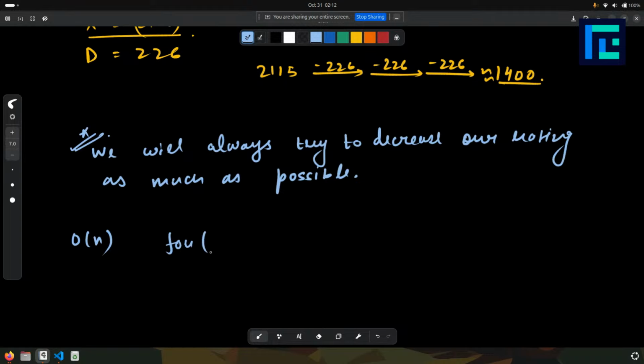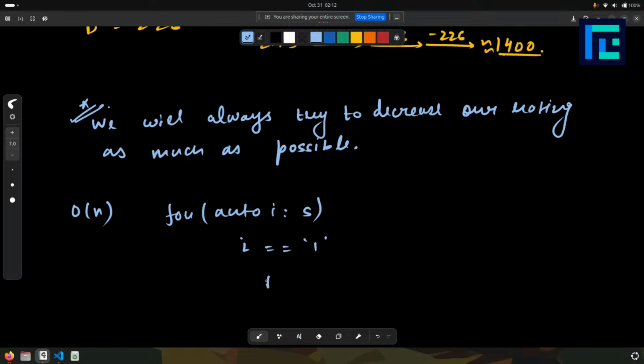We can just iterate over the string s, and we can check if it is div 1. We can simply make our rating the maximum of 0 and R minus D, so that we don't go negative.